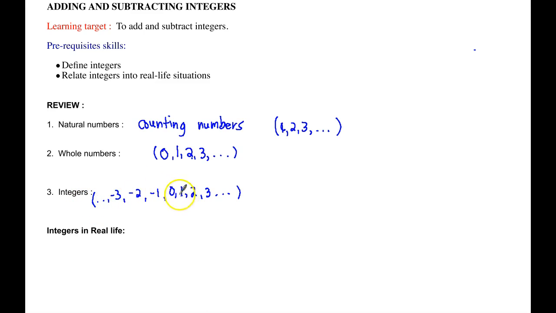So integers are just your whole numbers and the negatives of your counting numbers. 0 has no opposite, it's just 0. So if you can see here, integers, you have no decimals and no fractions.